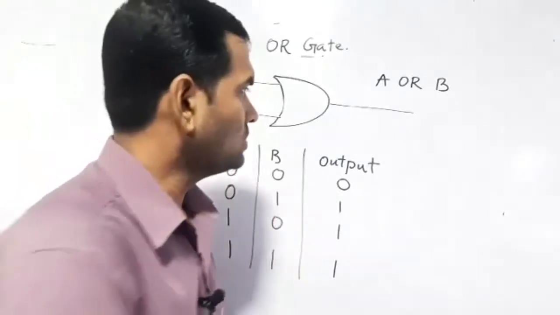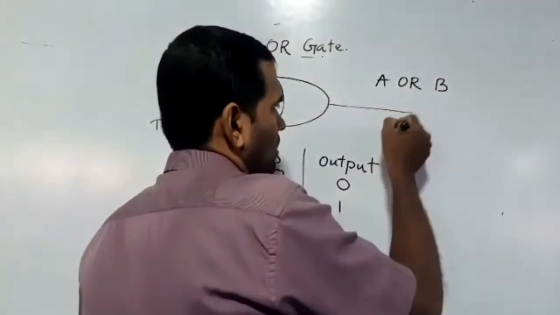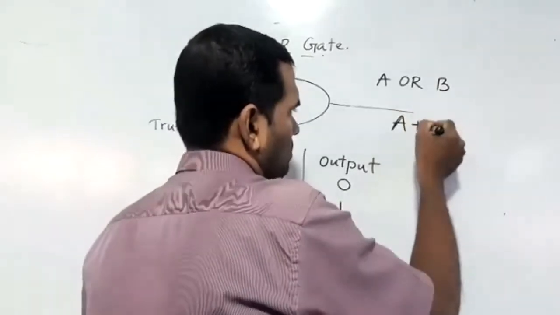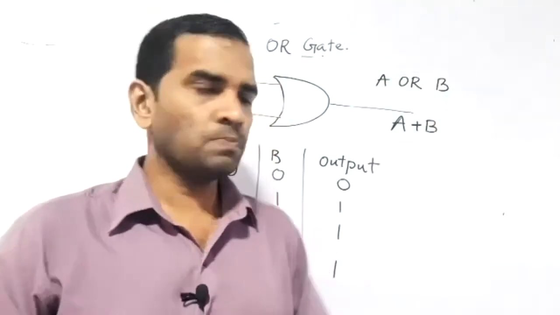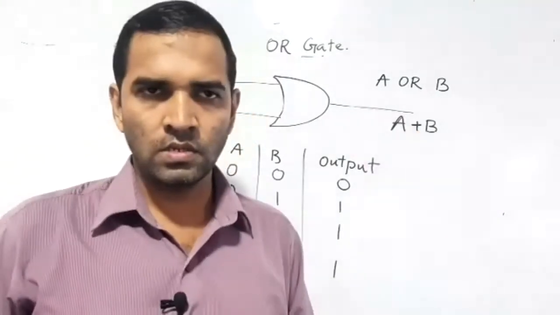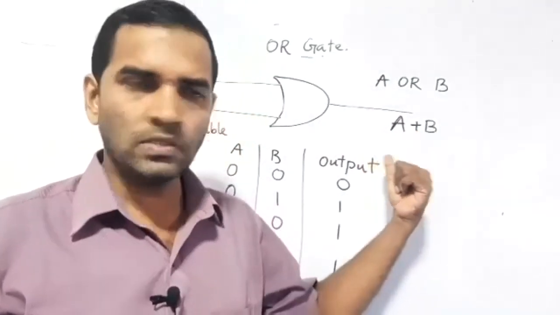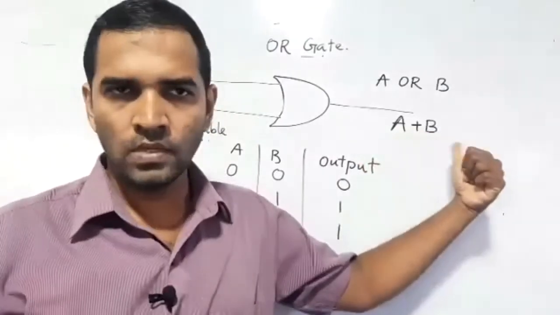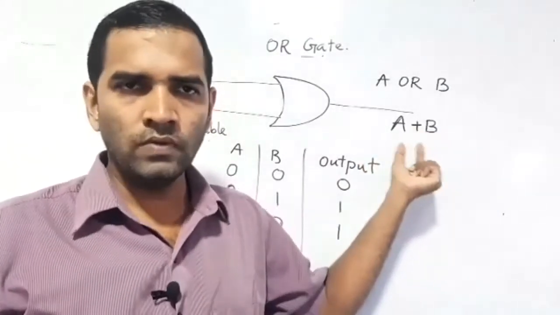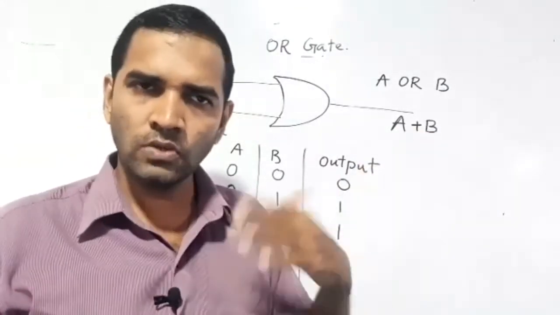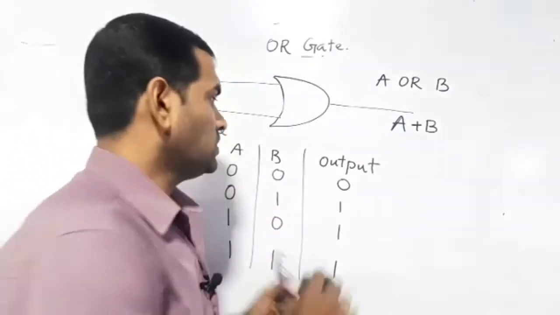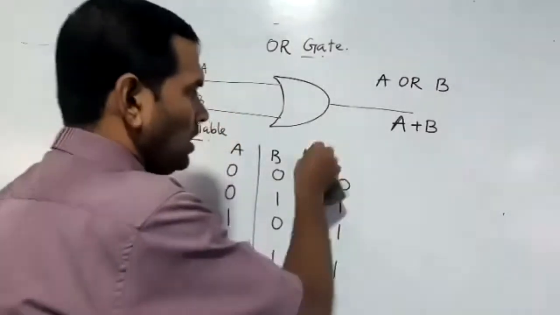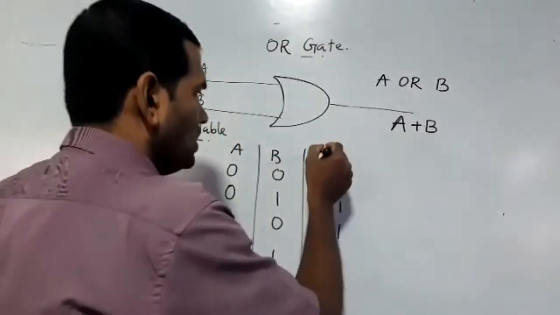So always use a symbol like A plus B. Plus means OR gate. You can even pronounce this as A OR B. Reading it as A plus B is also correct. So here we can write the output as A OR B, or A plus B.